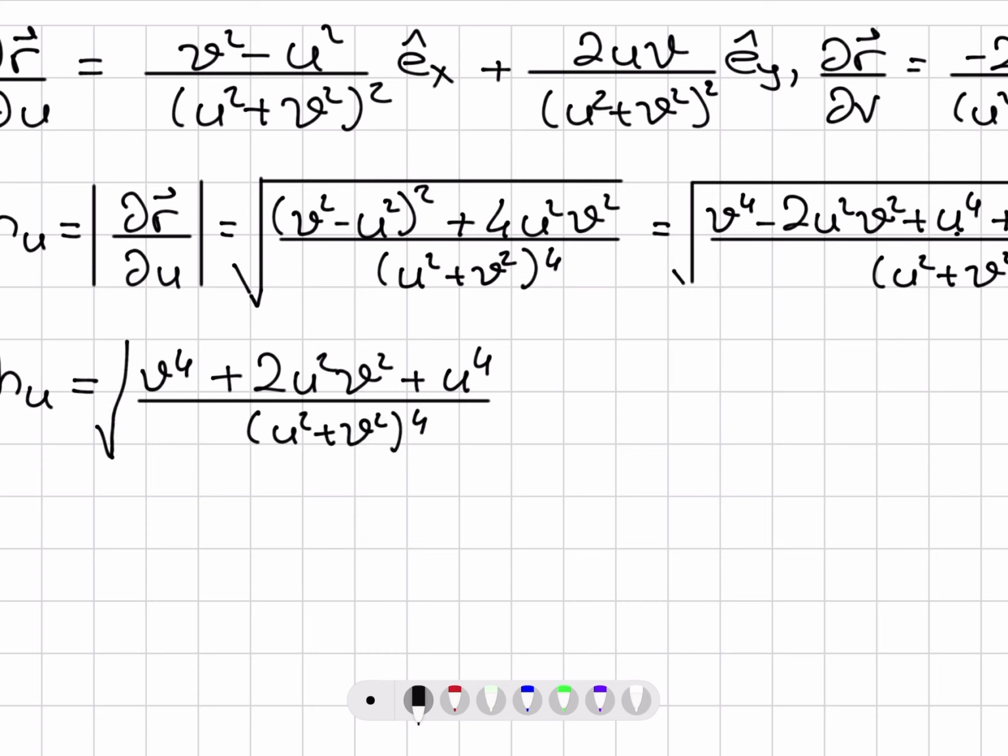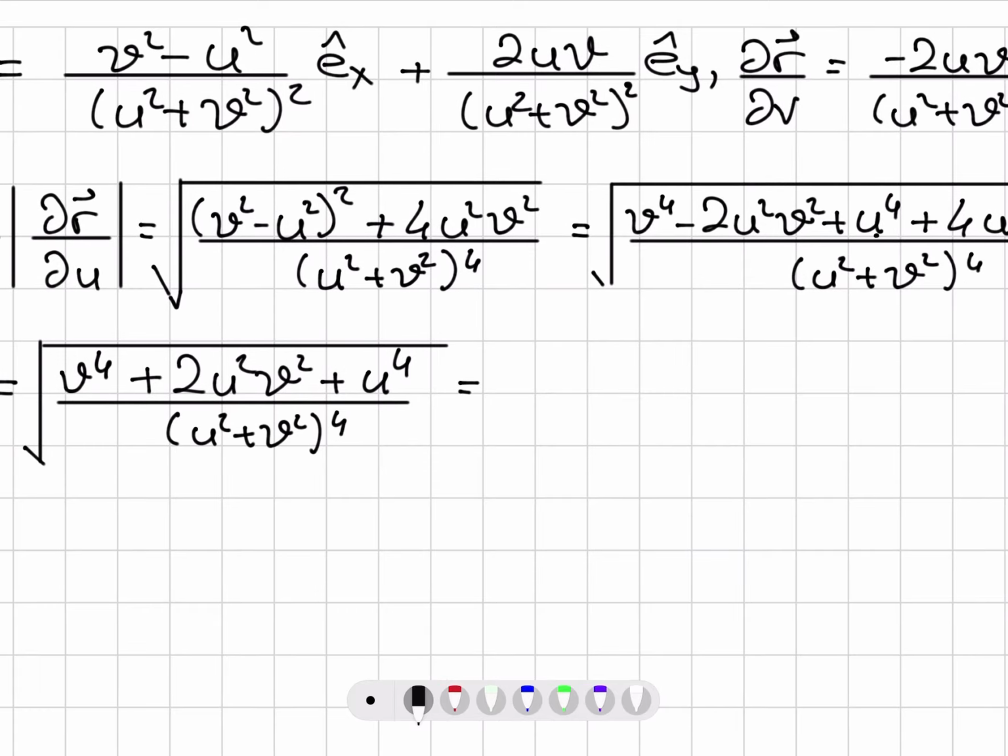And the top I recognize as being (u square plus v square) parentheses square. And this is divided by (u square plus v square) parentheses to the fourth power, and I have to take the square root of this.